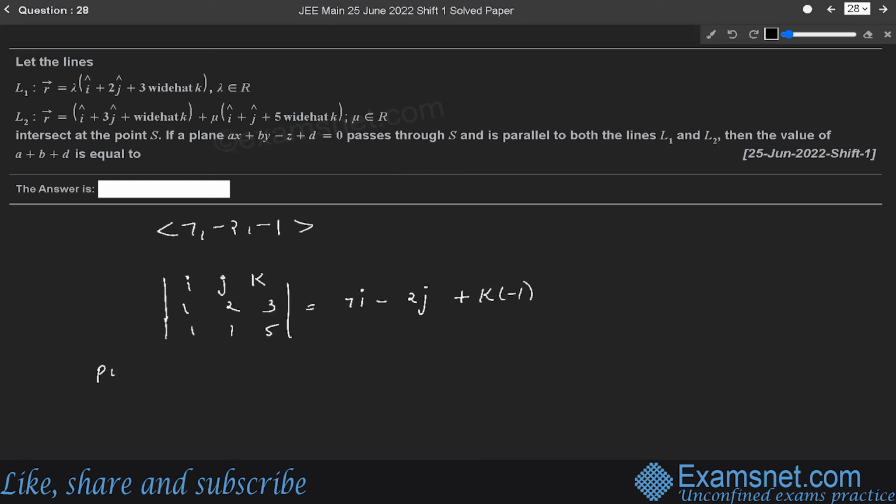Also, the point of intersection of the lines is 2i plus 4j plus 6k.